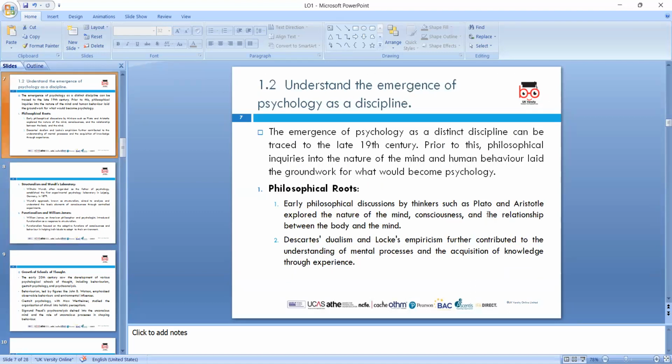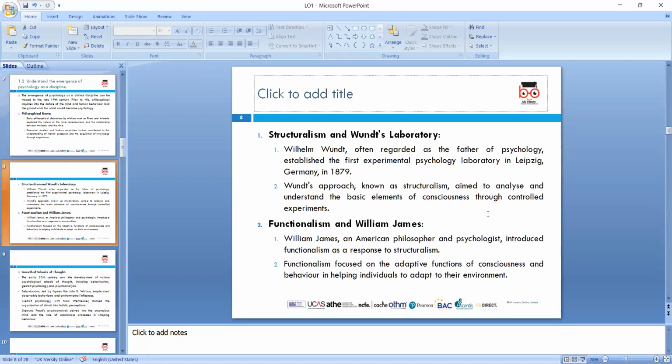So various schools of psychology came into existence. The first school of psychology was structuralism. The term structuralism comes from structure. So what does it mean? What is the school going to study? The school studies the structure of mind. Wilhelm Wundt, often regarded as the father of psychology, established the first experimental psychology laboratory in Leipzig, Germany in 1879.